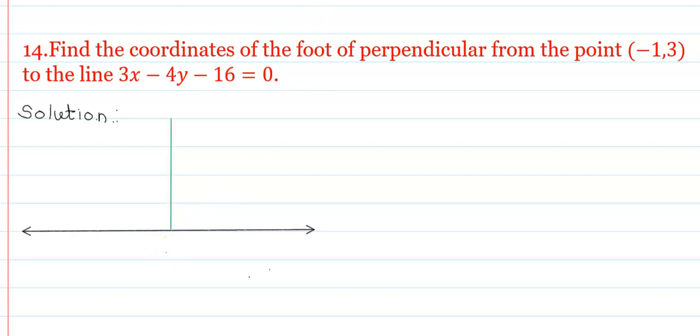It makes an angle of 90 degrees. Here P is a point whose coordinate is (-1, 3), and M is the foot of the perpendicular.